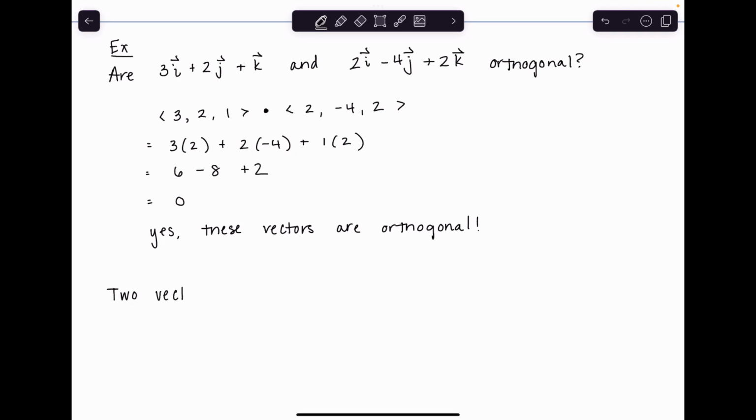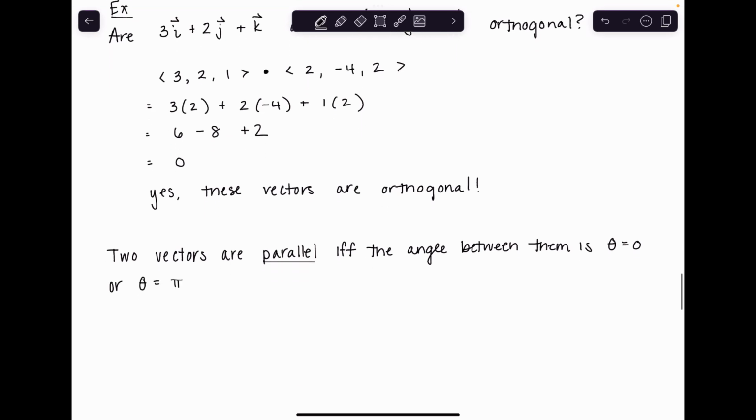So two vectors are parallel if and only if the angle between them, theta, is 0, or if this angle theta is equal to pi.